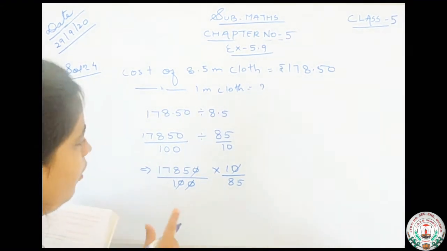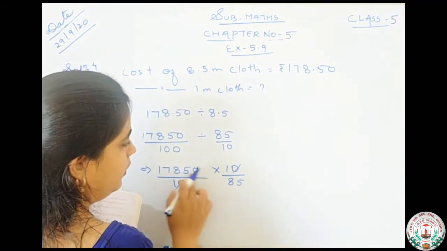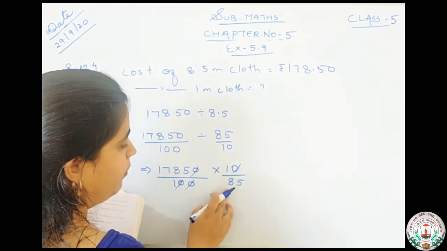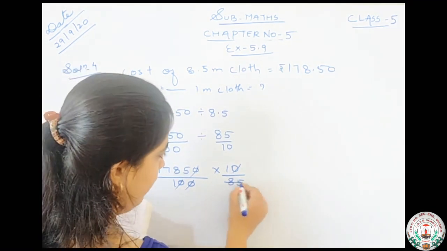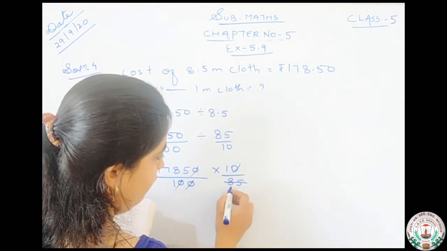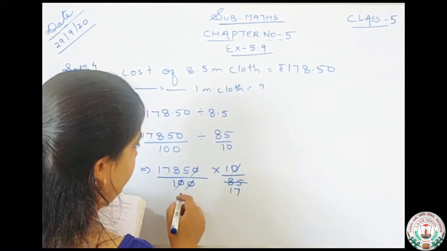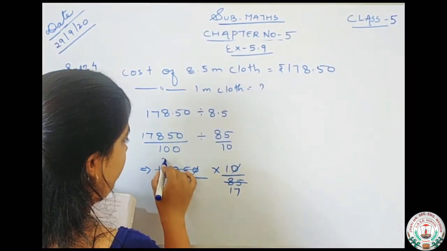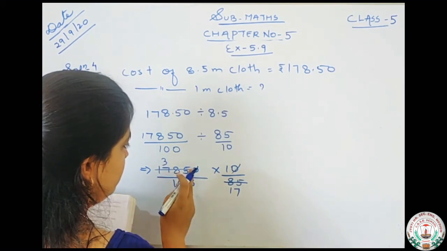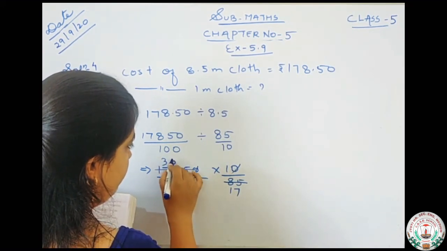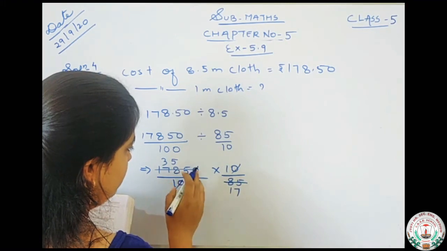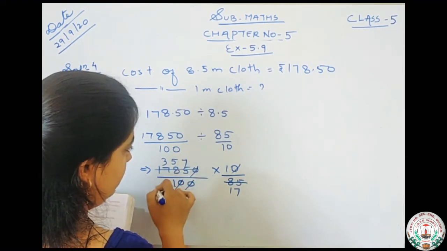Now as you can see here, both unit places have number 5, so it is divisible by 5. 5 ones are 5, 5 twos are 10. 5 sevens are 35. 5 threes are 15, 28. 5 fives are 25, 5 sevens are 35.